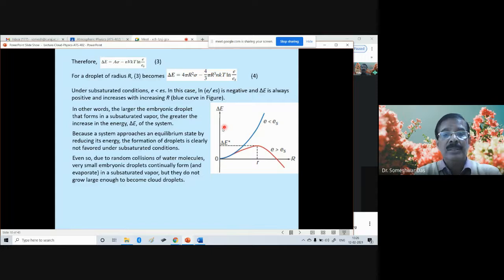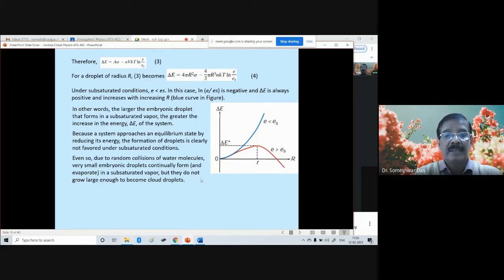Even so, due to random collisions of water molecules, very small embryonic droplets continually form and evaporate in a subsaturated vapor, but they do not grow large enough to become cloud droplets. See, there are two things.